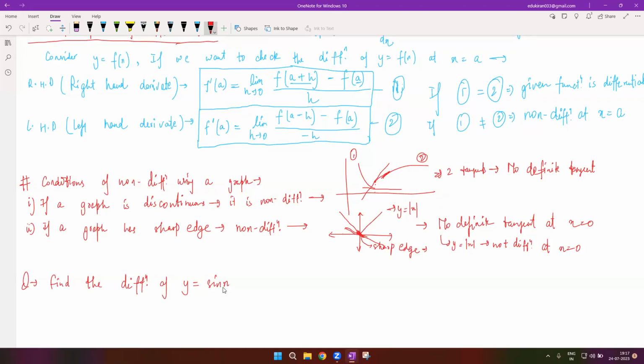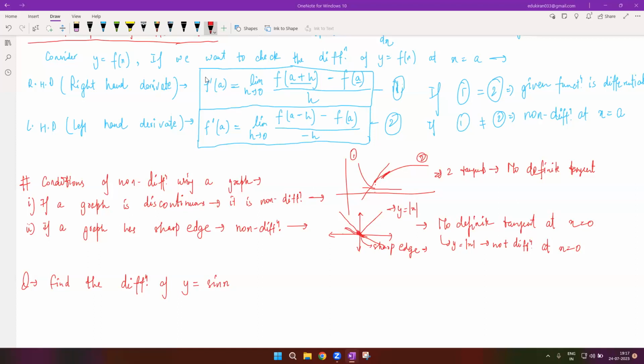at a particular point, we can do both things. We can find the differentiation of any function at a general point, and also at a given particular point. Right now, I just want to find the differentiation of sin x, not at any particular point, but in general.